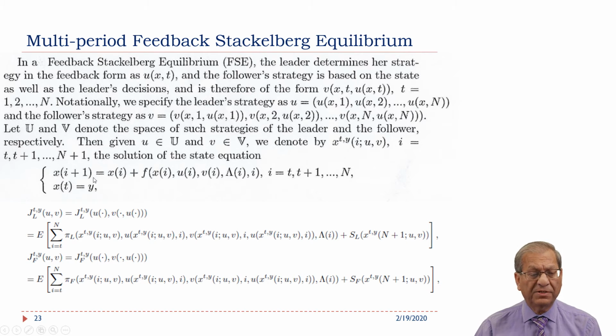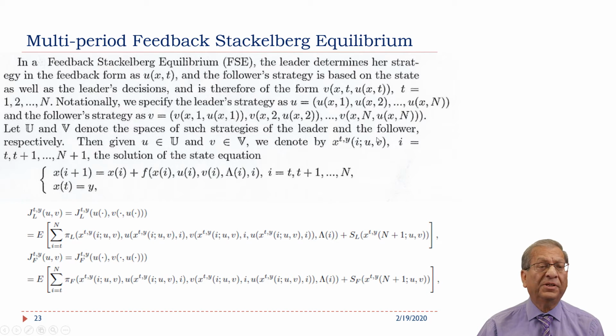If we solve that equation, we start at initial time t, where t is any time between 1 and N, and the value of the state at that time is y. That is the initial condition starting at t. When we solve this problem, we will have the state variable for each of the periods after t.